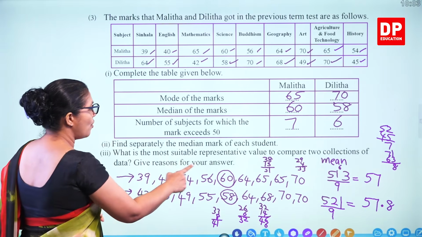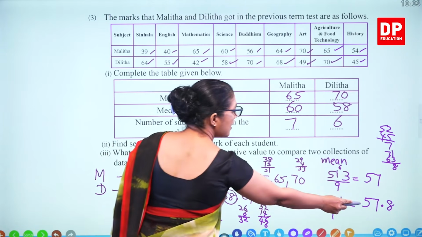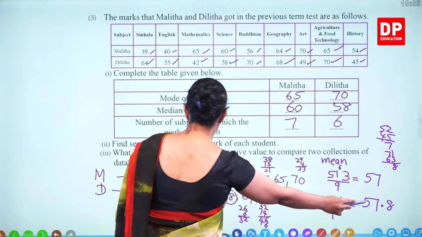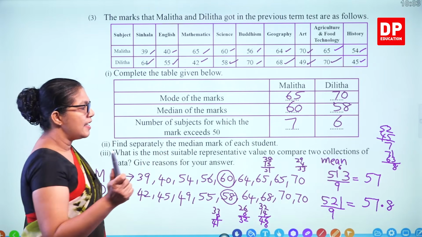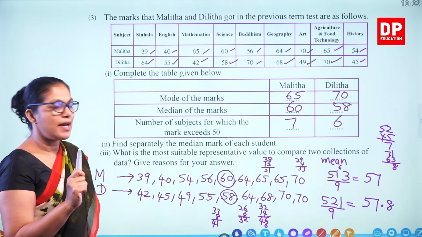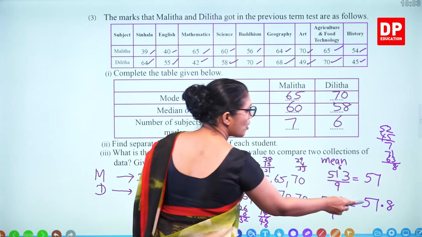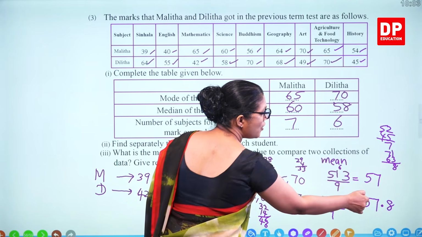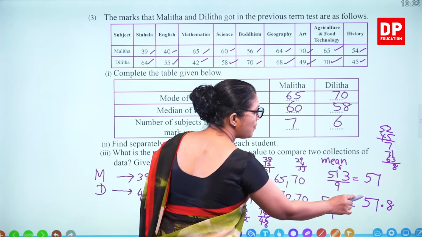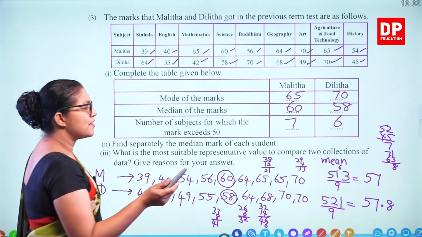So we can say Dilitha is slightly better than Malitha's average because this is 58. When you round it to the nearest whole number, this is 58 and 57.